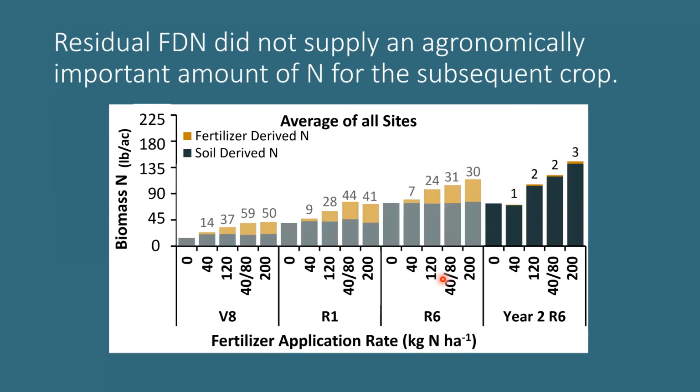And then finally, at the end of the second year, fertilizer-derived nitrogen increased with increasing fertilizer rate, but the amount that was taken up was so small that it's not agronomically important. And so there's not enough residual nitrogen to be taken up by the crop that's impacting the crop agronomically.